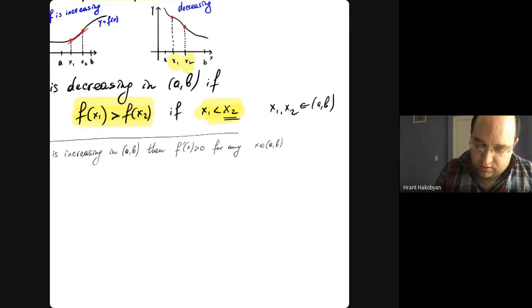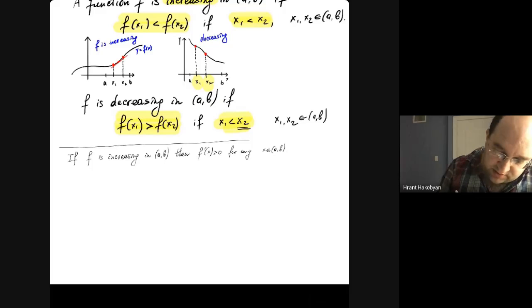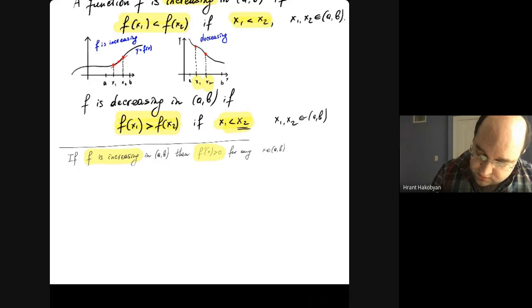Okay, so to say that f is increasing is the same thing as saying that the derivative is positive.